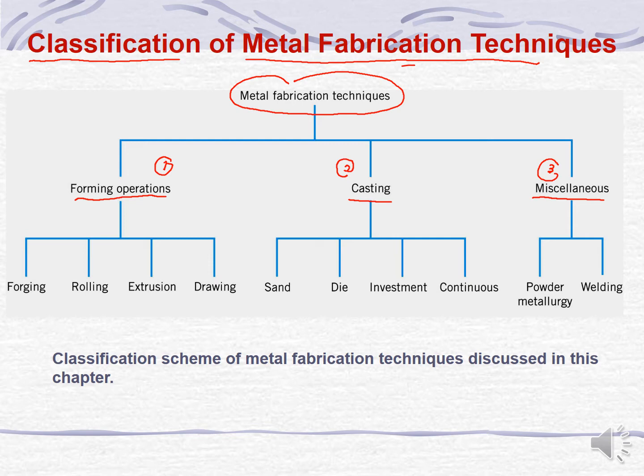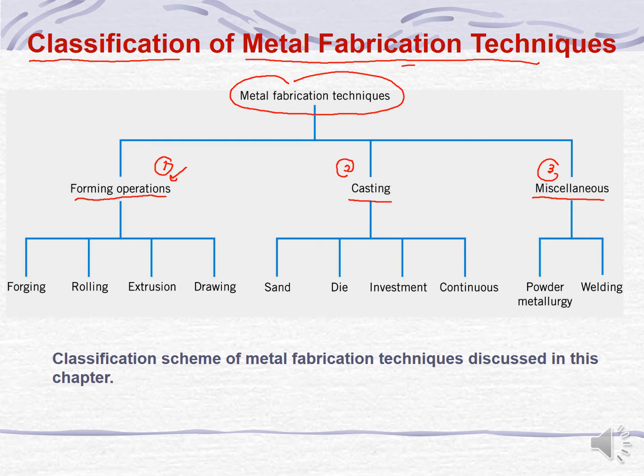How to choose the best fabrication techniques for metals? For the forming operation techniques, this is suitable for making a product made of metal which can withstand a high mechanical or external force.